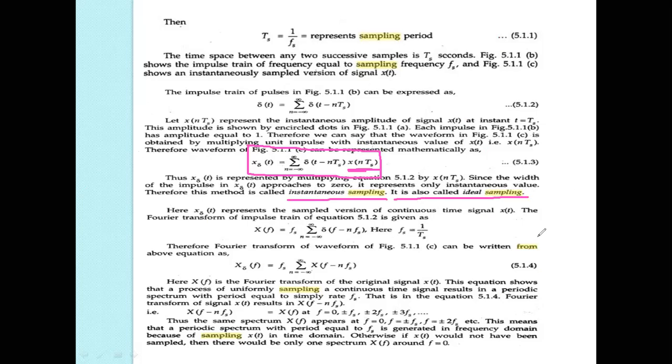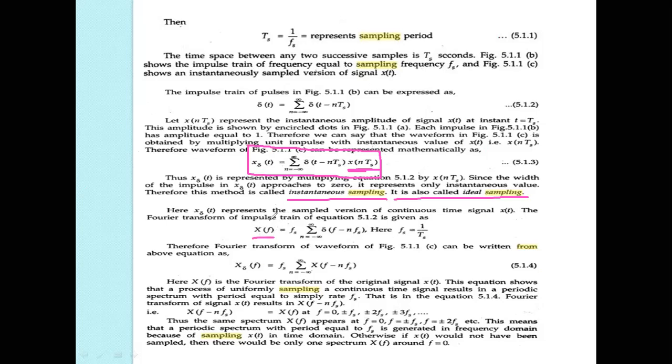Now, here x delta of t represents the sampled version of the continuous time signal x of t, the Fourier transform of the impulse train. Now, on applying the Fourier transformation on both sides, what is the Fourier transformation of x of t in the frequency domain?